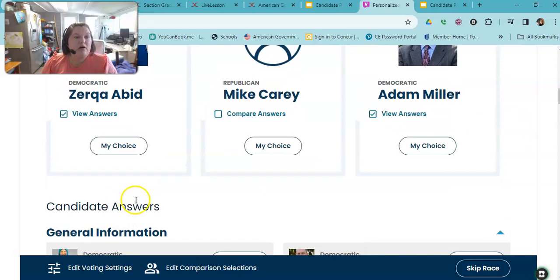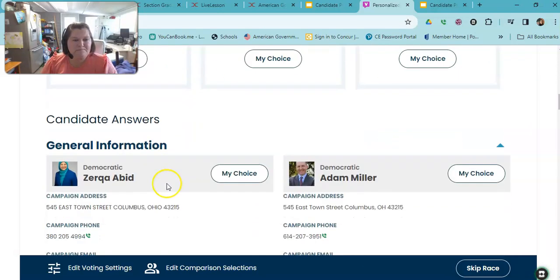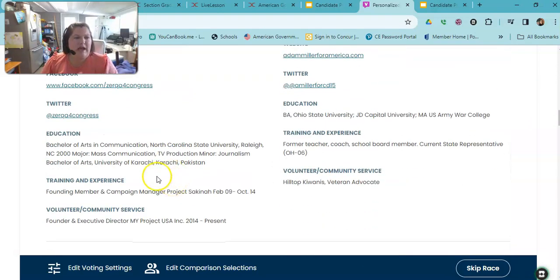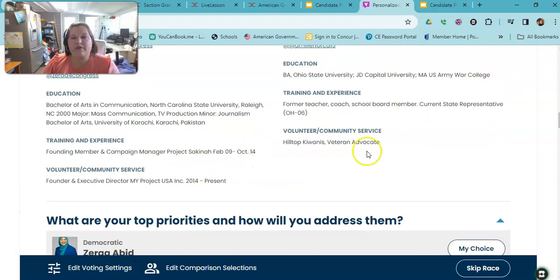Now for Miss Abdid, she has a bachelor's from North Carolina State University in Raleigh. She looks like she has a journalism bachelor's also, that she got while she was living in Pakistan. And it also gives us some other information about each of them.